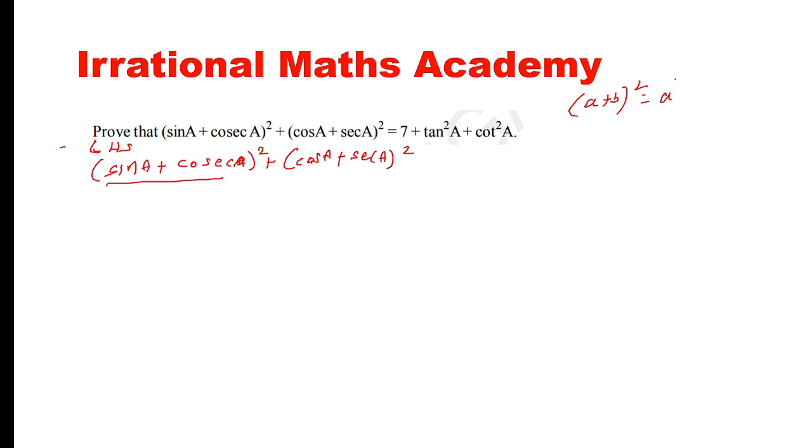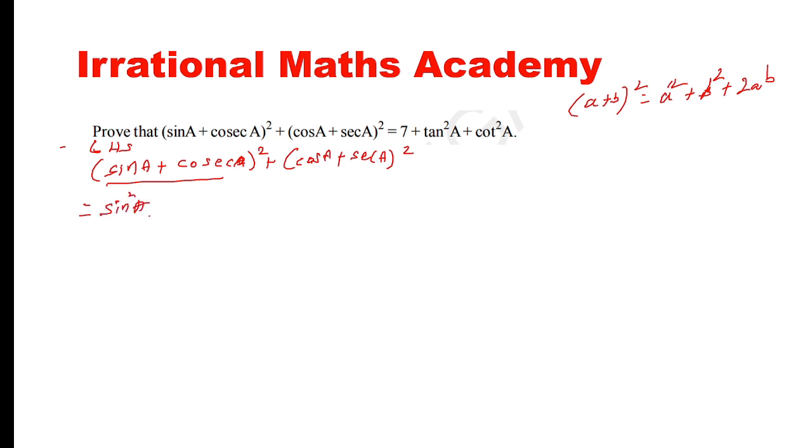A plus B whole square means what we know here? A square plus B square plus 2AB. Same thing, we'll expand this one. So what we'll get here?